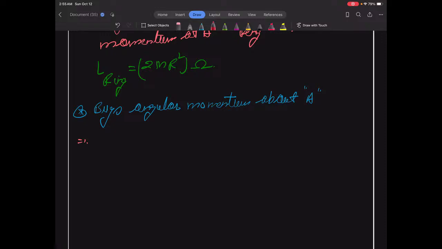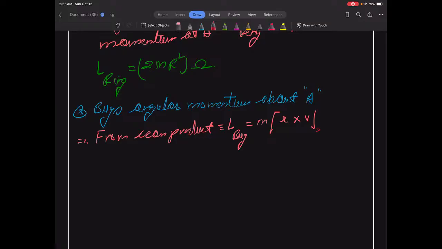So from the cross product, let us call this L bug, it will be equal to M times R cross V.